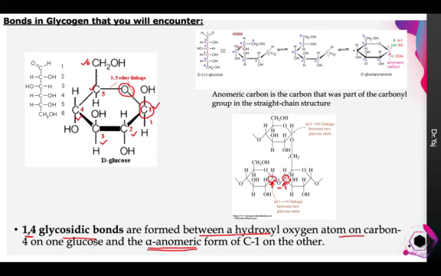So in glycogen, the first kind of bond that we encounter is the alpha 1,4 glycosidic bond. In the books, sometimes it is written as alpha 1,4 glycosidic linkage. And this particular carbon is the anomeric carbon because this is located near to the ether linkage and therefore is designated as the anomeric carbon.